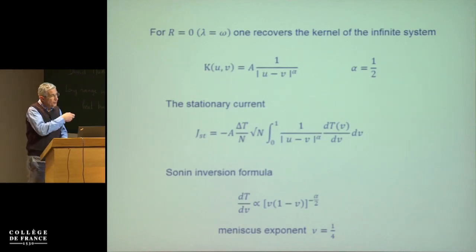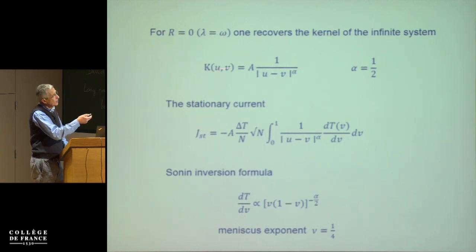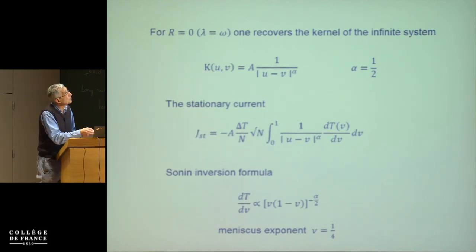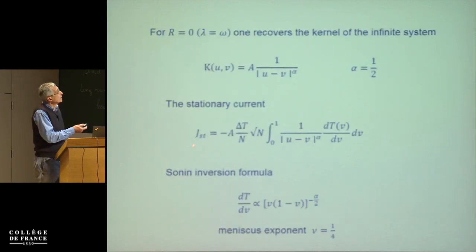Okay. So let's first consider R equal to 0, when lambda is equal to omega. In this case, the kernel is just equal to 1 over the square root of u minus v. That's what we found for this model, right? Just this term. Then the current in the steady state is basically just square root of n, after you do the rescaling.